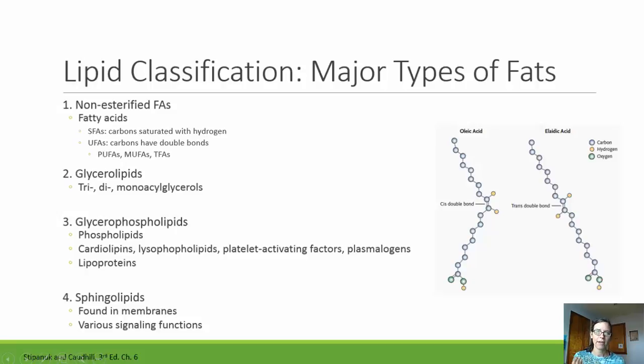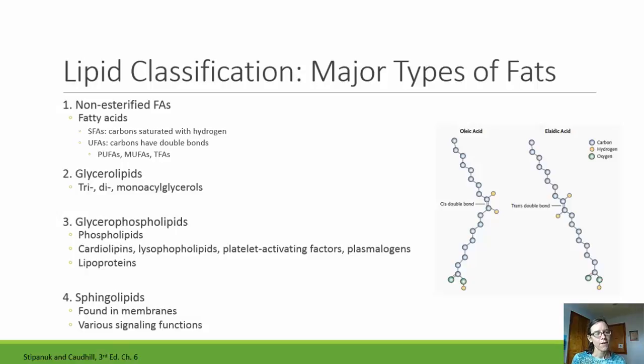So we don't have many of those in nature, and those that are manufactured, such as those we find in margarine or shortening or some of our frying fats that are hydrogenated, do have these trans fats, and the dietary guidelines tell us to avoid trans fats as much as possible.